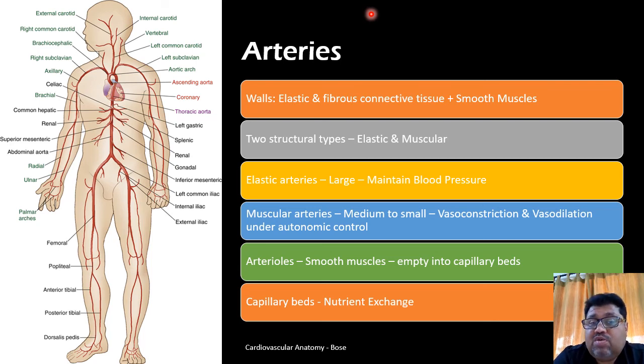Arterioles have primarily smooth muscle along their walls, enabling their diameter to be altered significantly as needed. Arterioles will empty into the capillary beds. The density of the capillaries within a capillary bed is greater in active tissues such as muscle. Exchange of nutrients and gases will occur in this capillary bed.